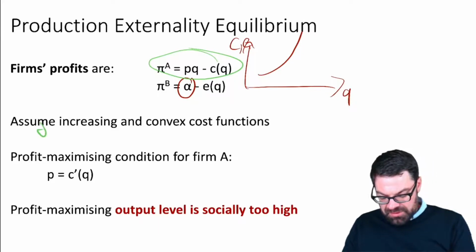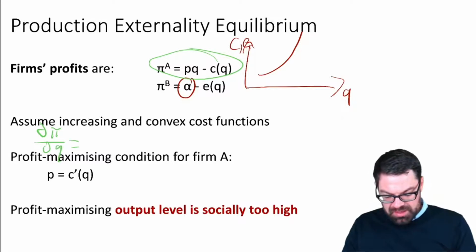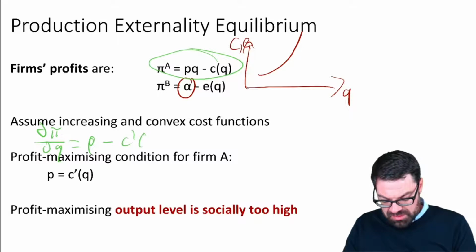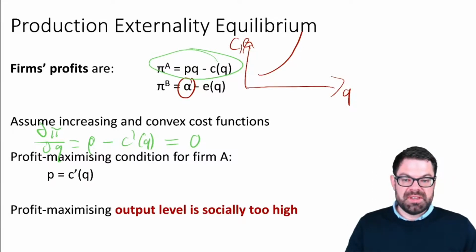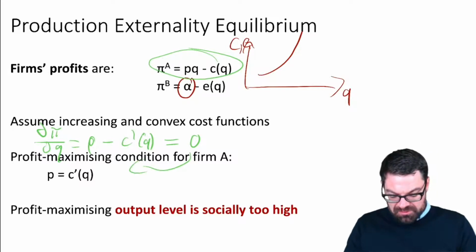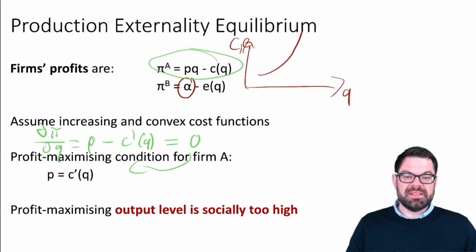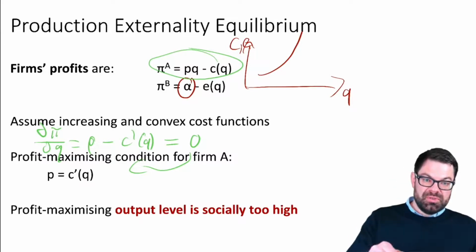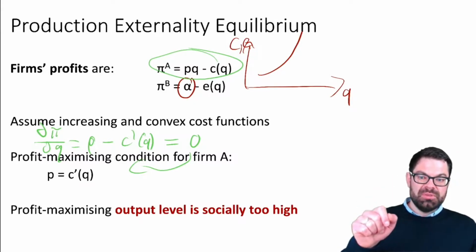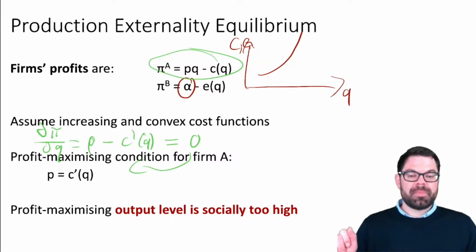So we have here the first derivative with respect to Q equals P minus C prime Q, and we assume an interior solution. We set that equal to 0, and from that we arrive at this profit maximizing condition for firm A. So for firm A, produce an amount of Q such that equality is reached.